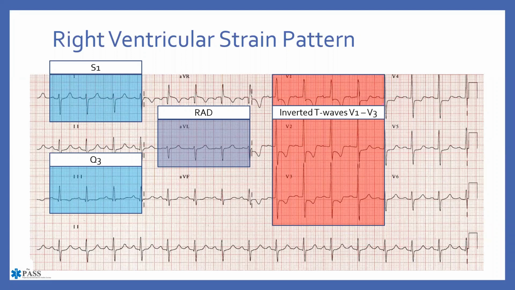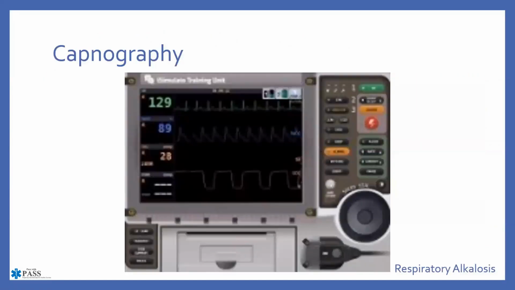If they have a right axis deviation shown with right ventricular strain, and we've gone over axis deviation and how you could determine that, it is not as sensitive. It's about 16%. So 22% for your S1Q3T3 and 16% for patients that have a right axis deviation. With some of these other findings, they're probably having a pulmonary embolus.